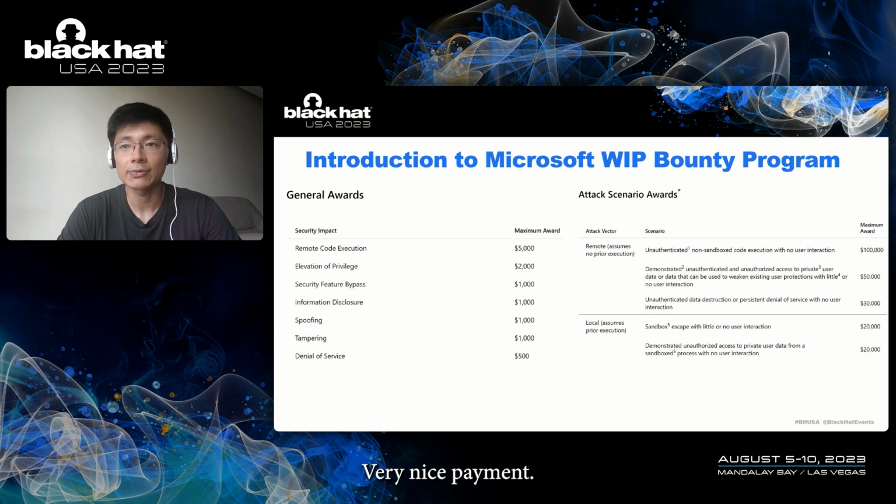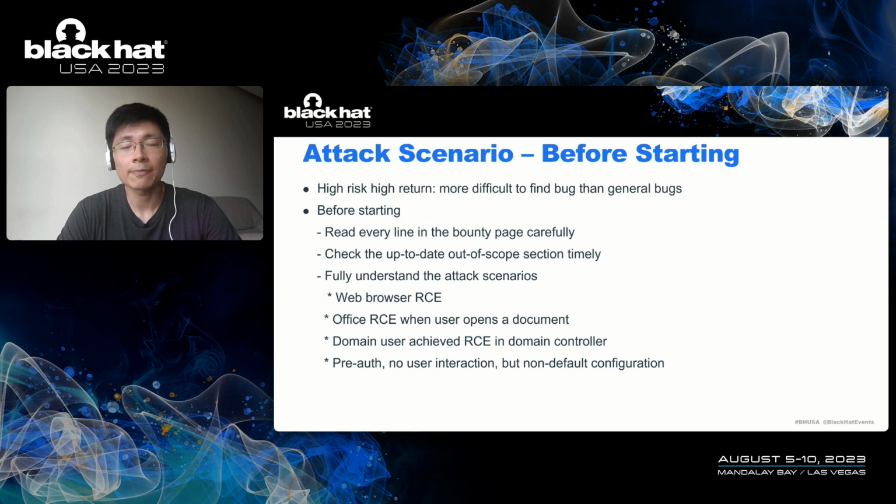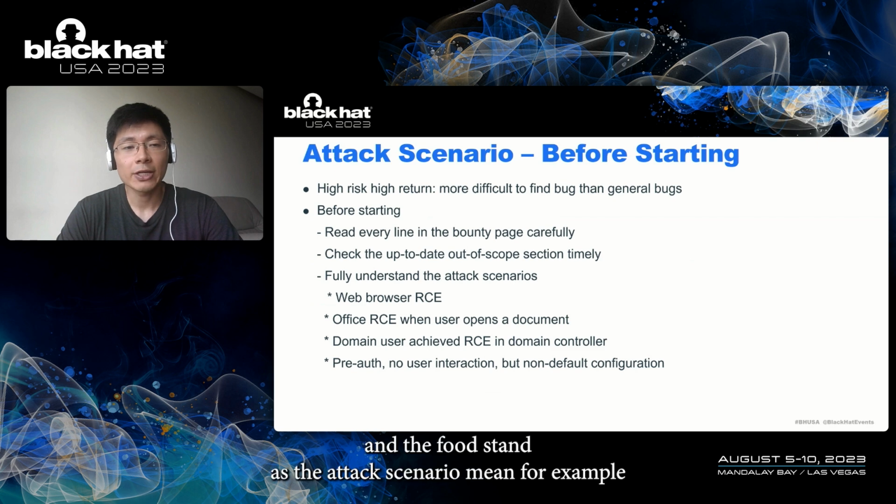Very nice payment. So if you are interested in the attack scenario awards and want to have a try yourself, before you start, we suggest you read the bounty rules carefully, check the up-to-date out-of-scope list, and fully understand the attack scenarios. For example, for the scenarios below, do you think they're in scope?